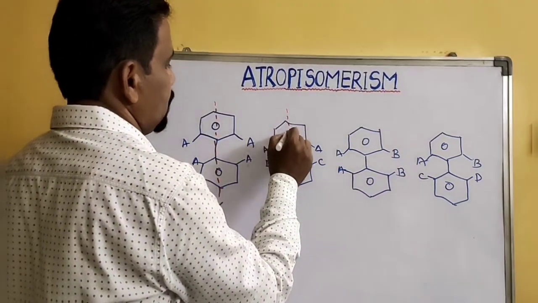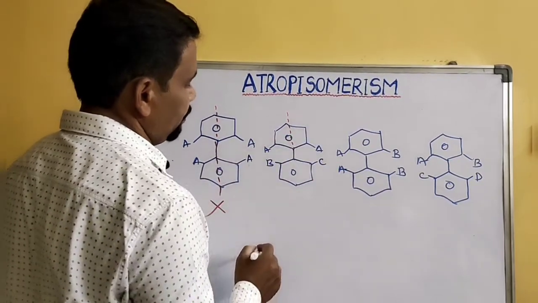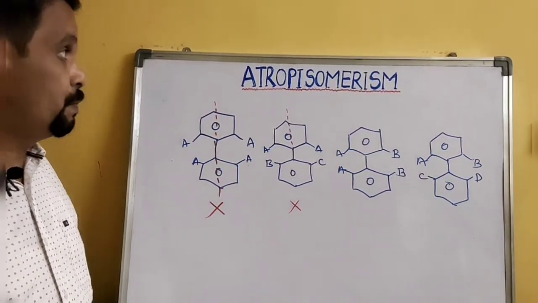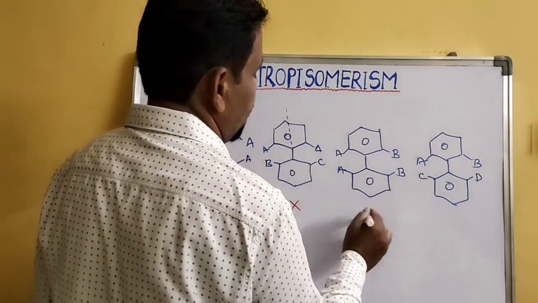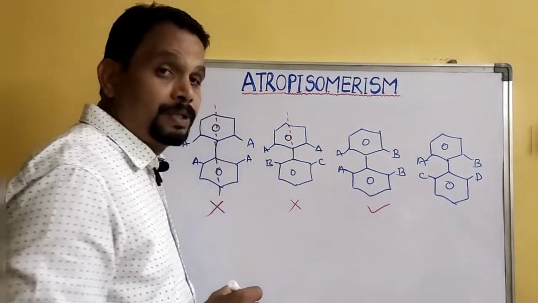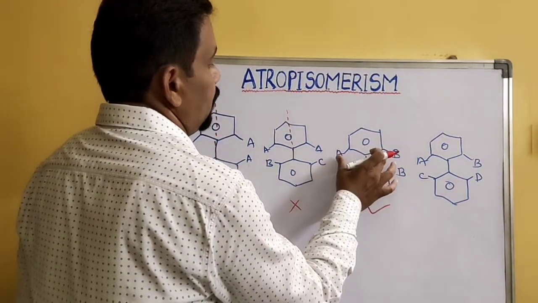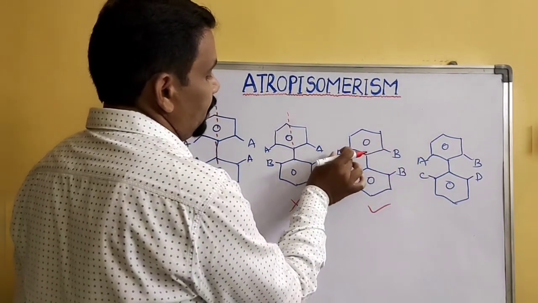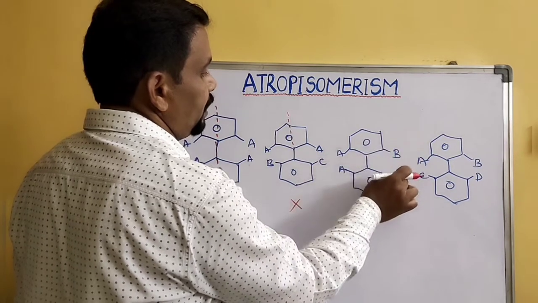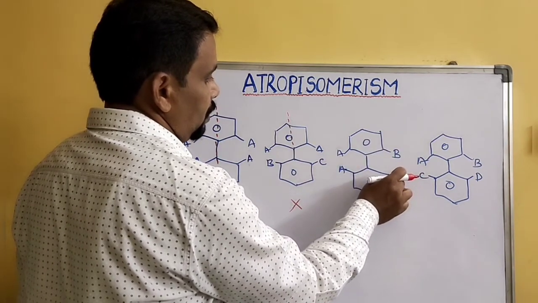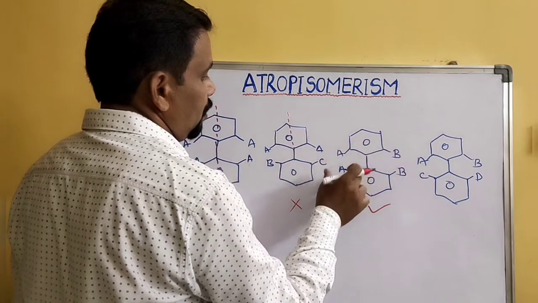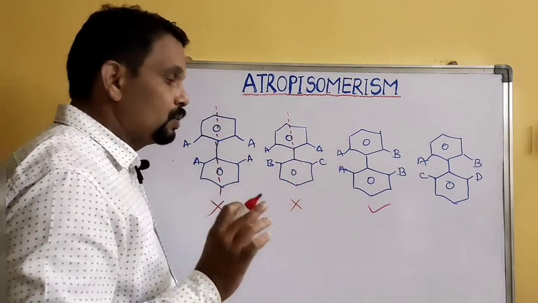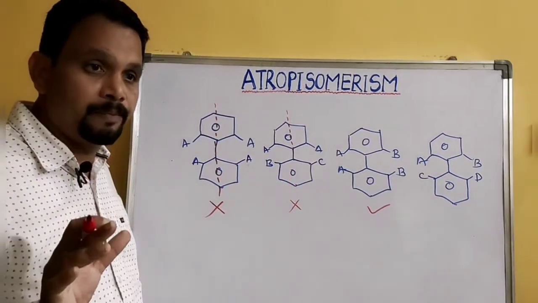In this case, the upper ring has a vertical plane of symmetry. These kinds of molecules also do not exhibit heteroisomerism. But here it can exhibit heteroisomerism because A, B and A, B are different. A can be equal to this A, B can be equal to this B, but on a single phenyl ring the two ortho substitutions should not be the same.